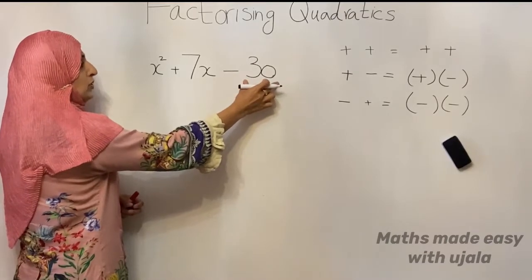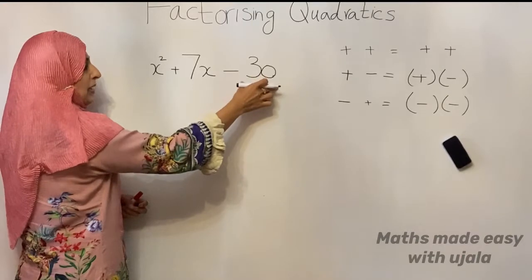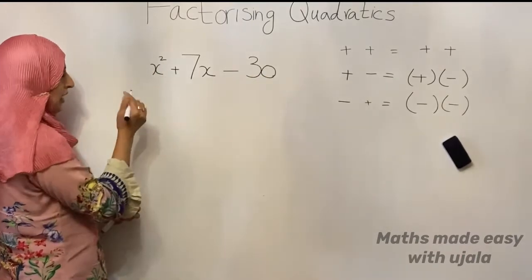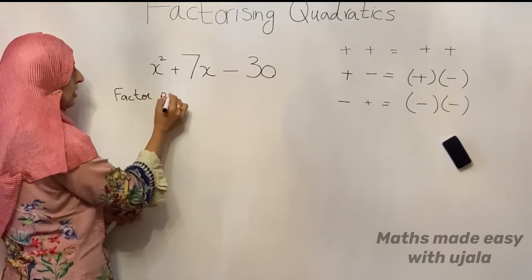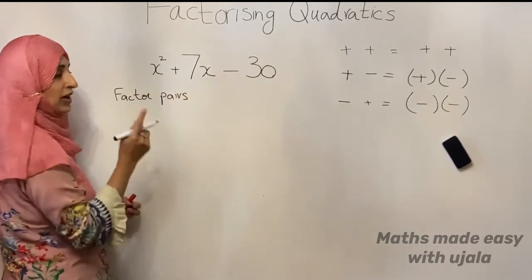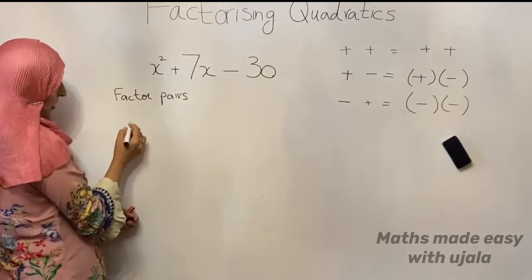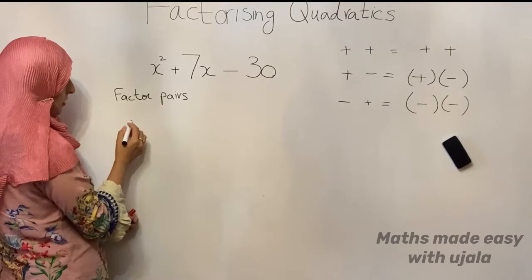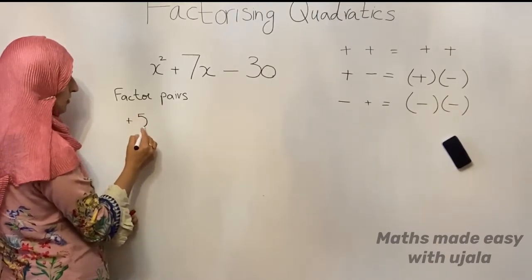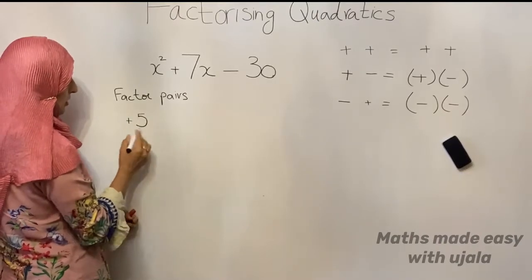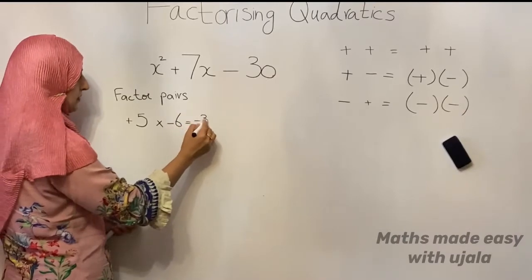I have to find two numbers. If I multiply, the answer should be minus 30. Because there are plenty of factor pairs, we have to find the one that fits this situation. So for minus 30, if I do plus 5 times minus 6, it is equal to minus 30.